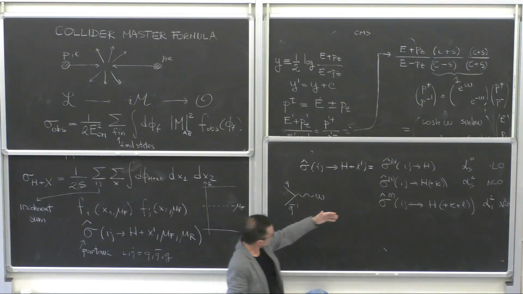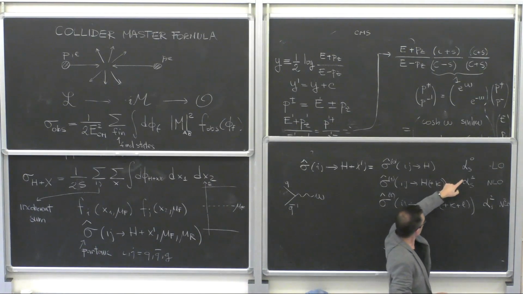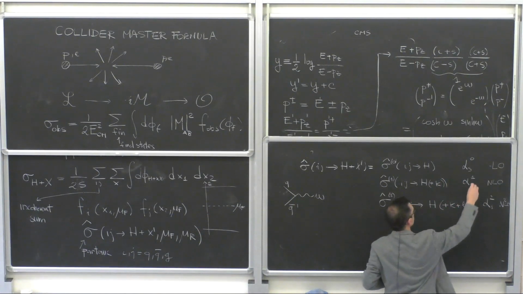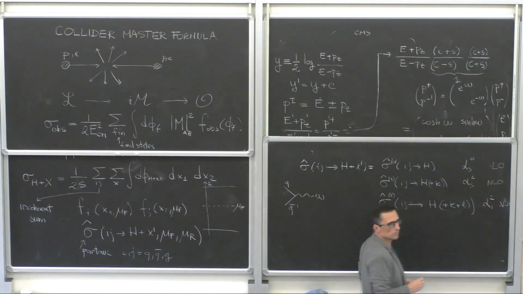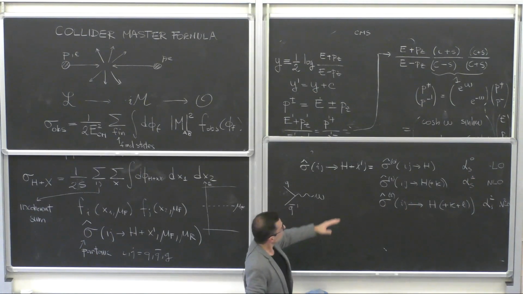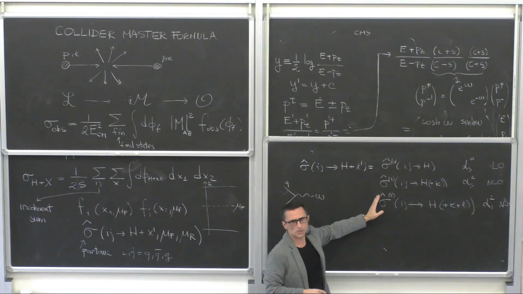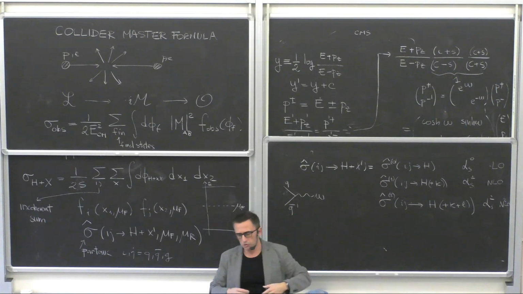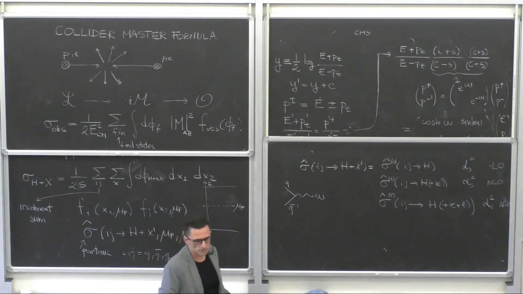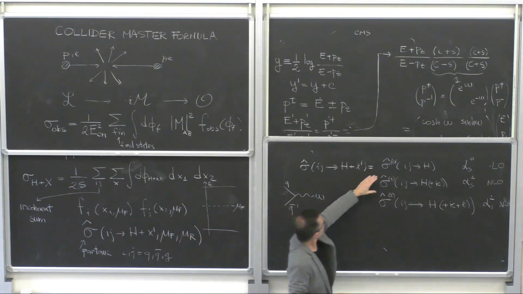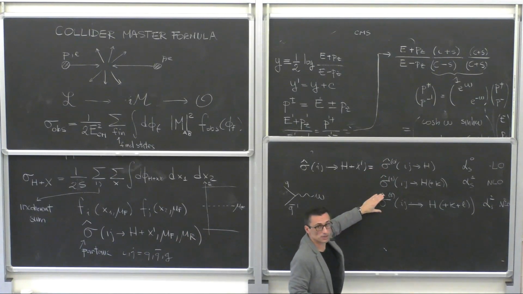So the starting order depends on the process, but then you put +1, +2 for the powers of alpha S. What we learn is that if we are inclusive enough in the final state, so that we are not sensitive to long wavelength radiation, then each of these terms is actually finite.